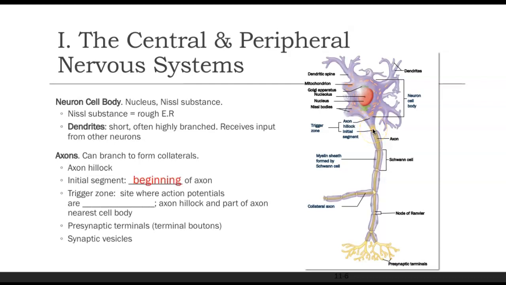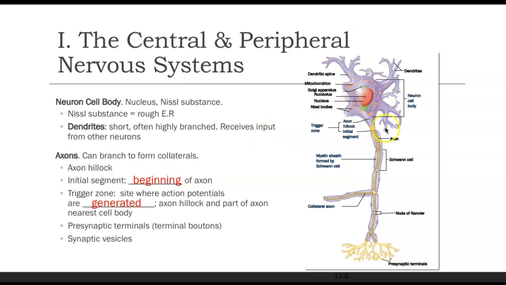This is the beginning of the axon. So you could see that our axon hillock and the initial segment create our trigger zone, and this is the site where action potentials are generated. And the axon hillock and part of the axon are going to be nearest the cell body.